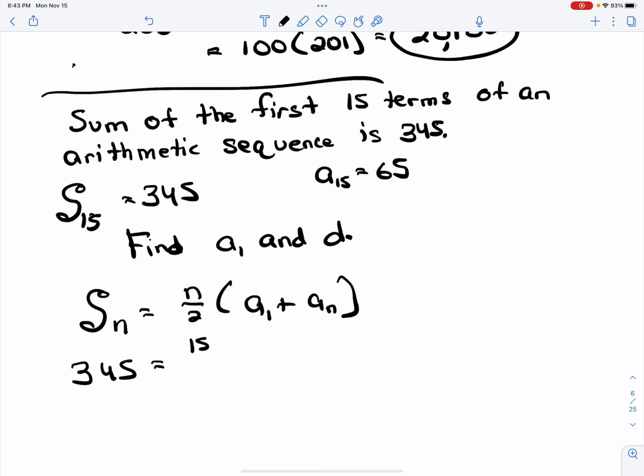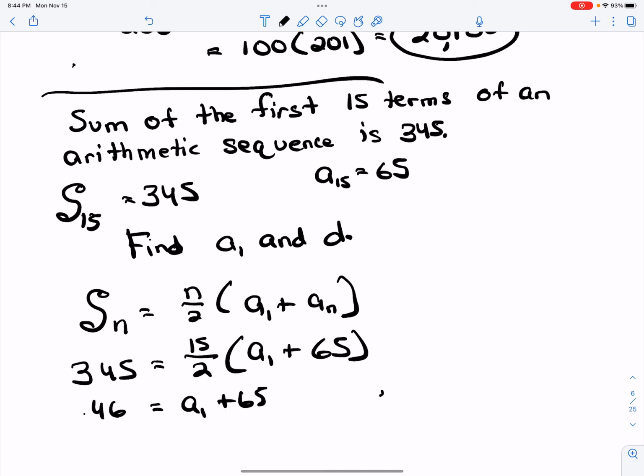We know we're dealing with 15 terms, so 15 over 2 times a sub 1 plus, and then the 15th term is 65. So we just solve that for a sub 1. Little algebra there. I multiplied by 2 over 15 and got 46 equals a sub 1 plus 65. Then subtracted 65 from both sides and got a sub 1 equals negative 19. So there's that.